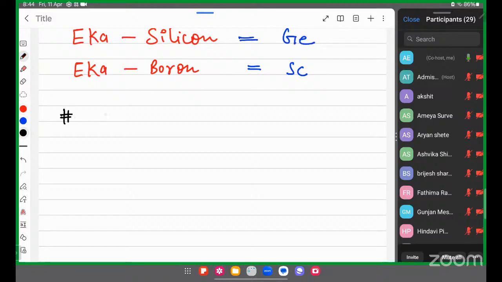Modern periodic table. What are the main points about the modern periodic table? The first point is that the modern periodic table is based on MPL.